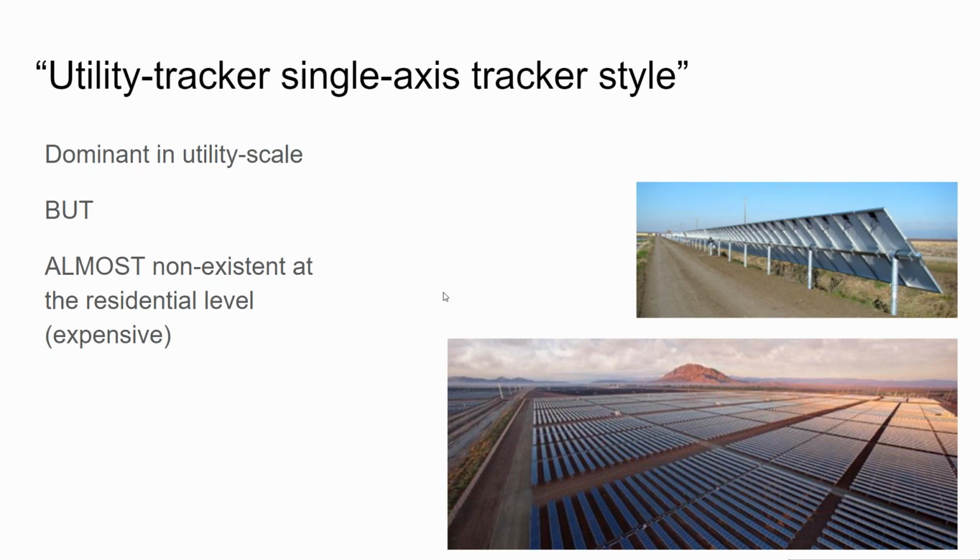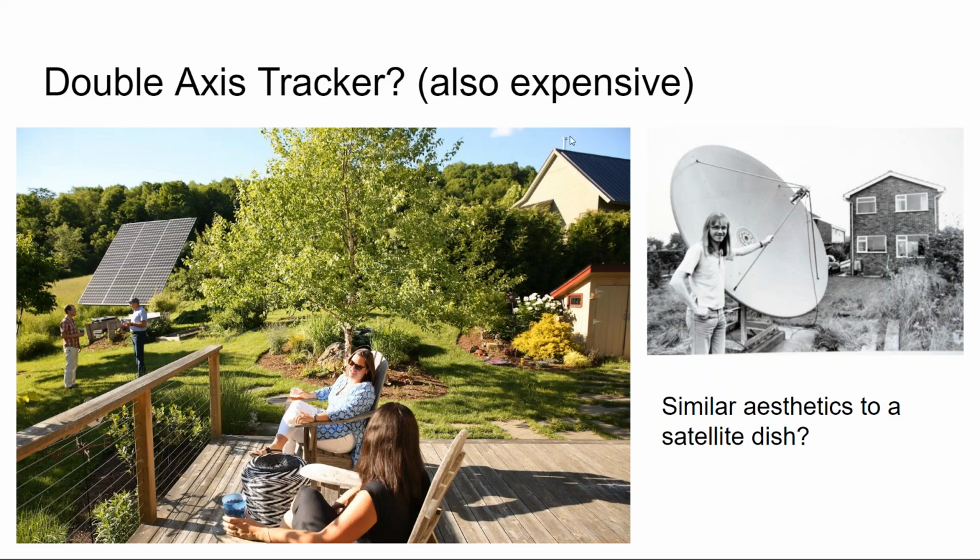manufacturers supporting that market. You know, manufacturers would rather sell a system 10,000 times the size to one client than a smaller system to 10,000 clients. Well, then again, there are some residential tracking companies selling double axis trackers that are quite large, and I think they look like satellite dishes.